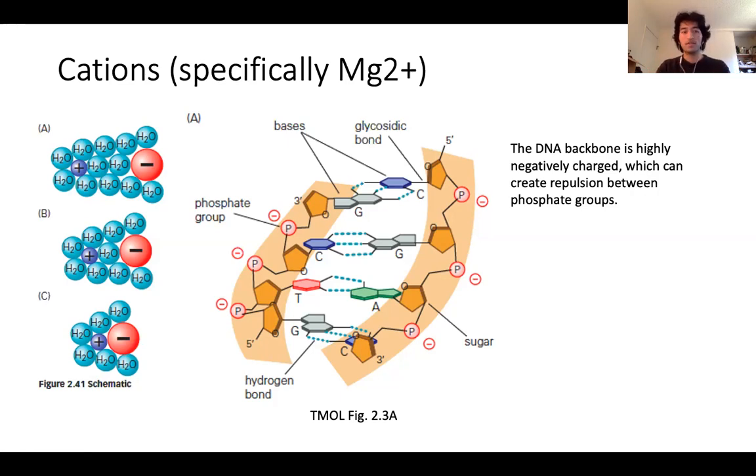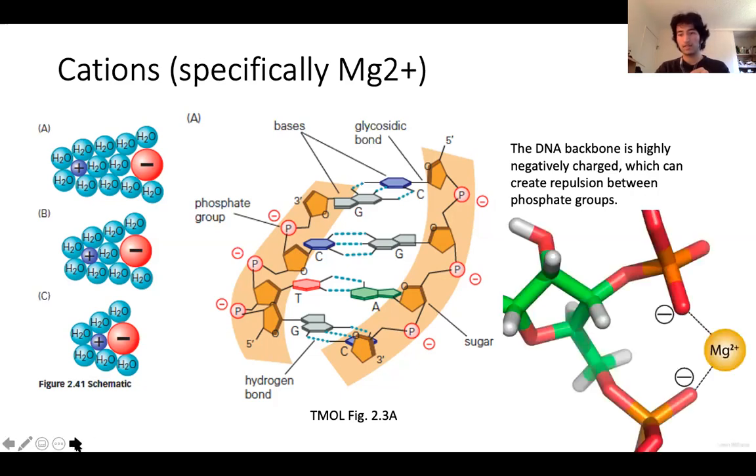So the optimum is actually B, which is the hexahydrated form that you might see if you refer to your textbook. And to see tangibly what this would look like if you have magnesium interacting with the DNA backbone, it would look somewhat like this. So here you have one phosphate group and another, and your magnesium cation is screening the charge between the two. Any questions so far?